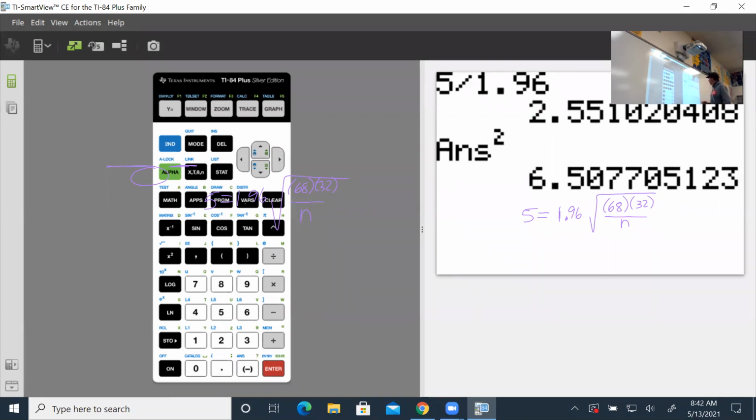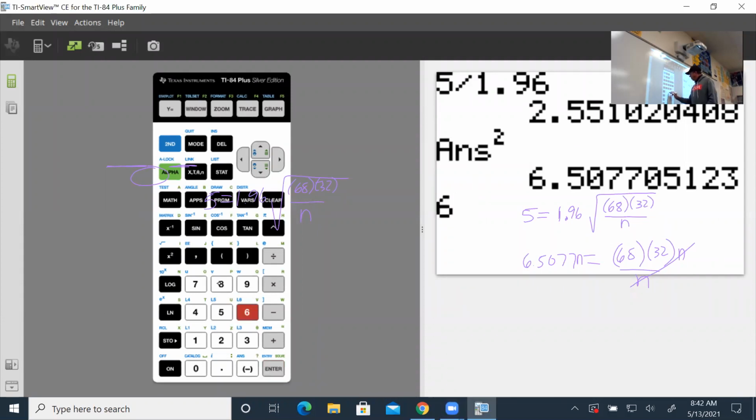What I have right now is 6.5077 equals 68 times 32 over n. I'm going to multiply in my head both sides by n, like this, correct? So now the n goes on the other side. So the final step is to go 68 times 32 divided by the second answer, which is 6.5077. All right, so here we go.